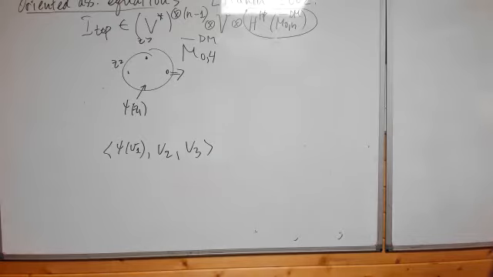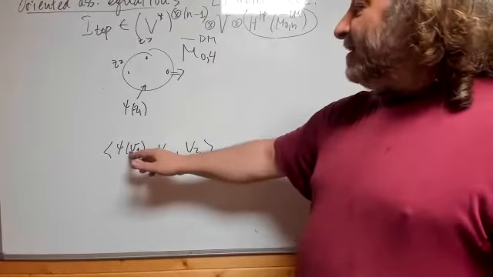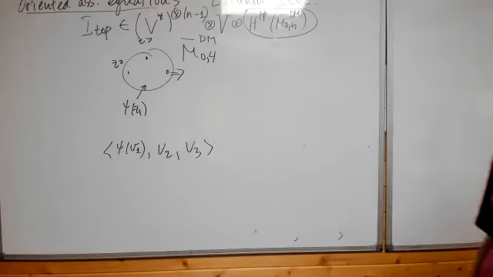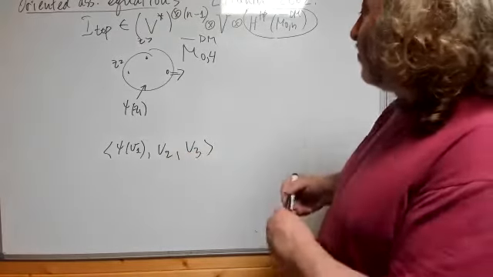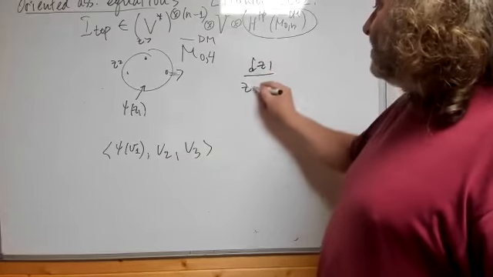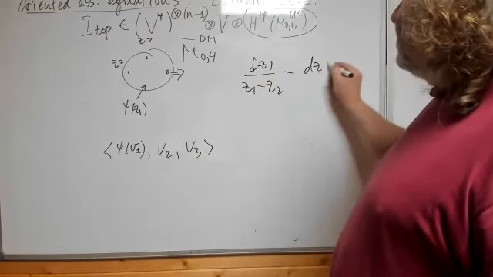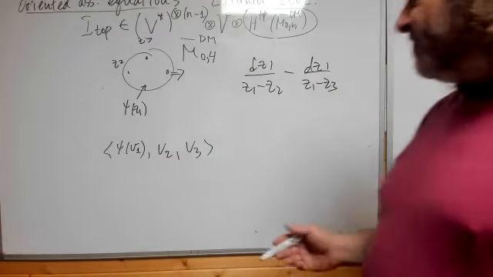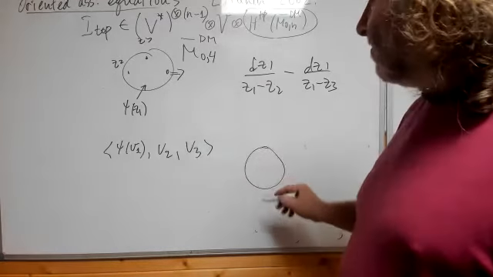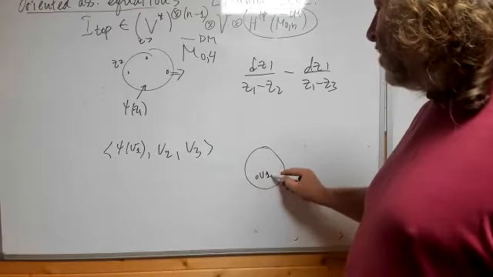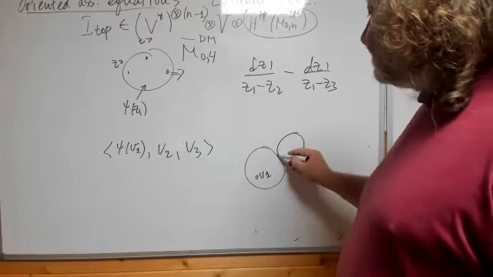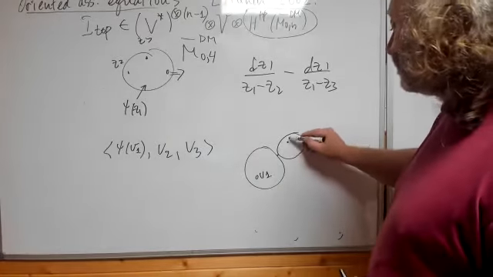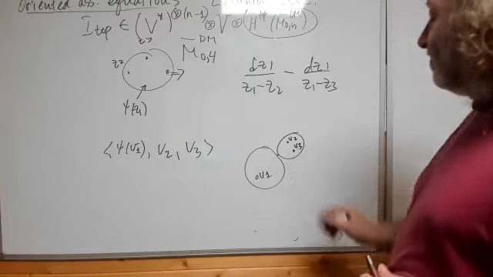Now, similarly, I can take a section of the standard form dz1 over (z1 minus z2) minus dz1 over (z1 minus z3), and then I'll have V1 and V2 and V3 going away.